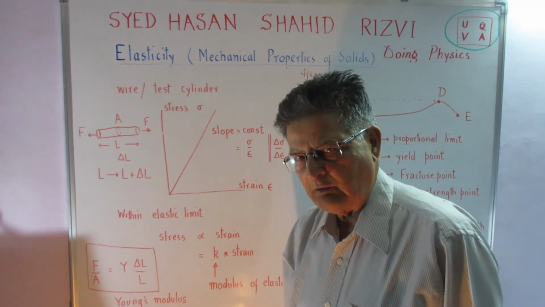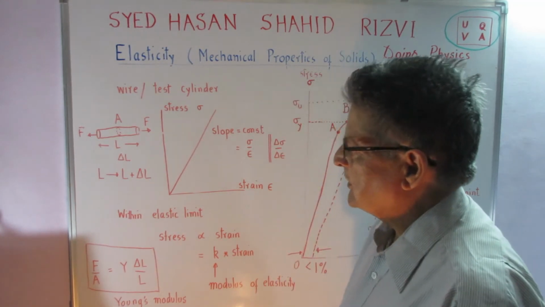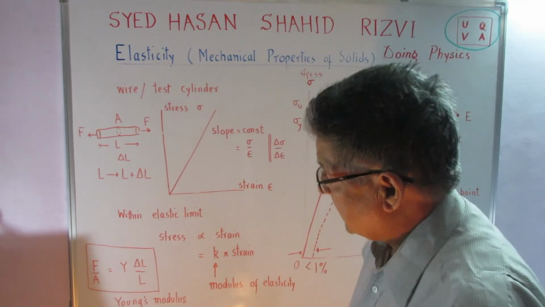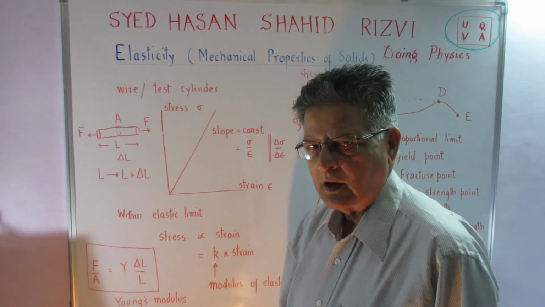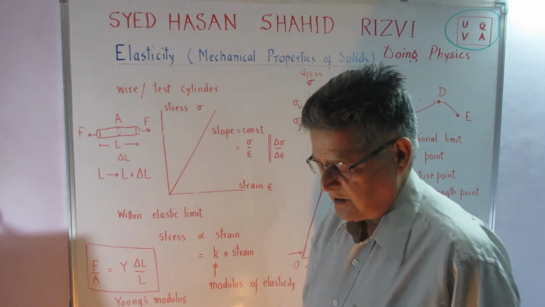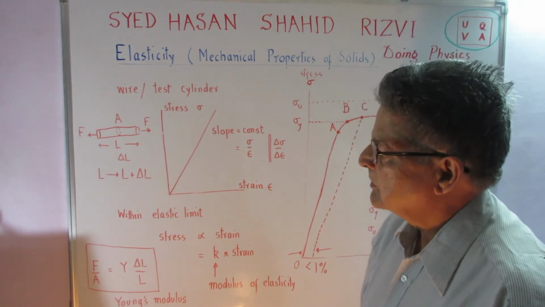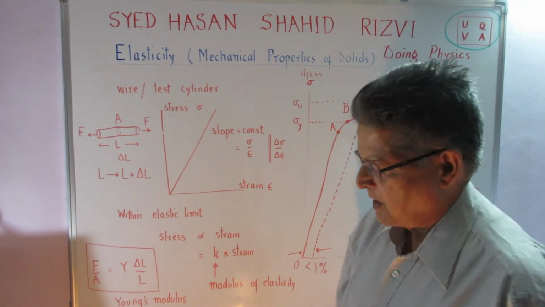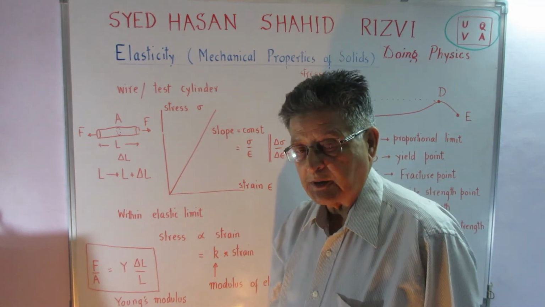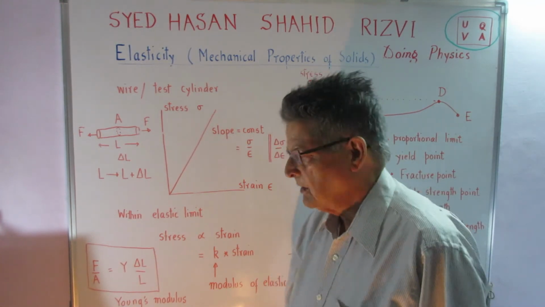Can you think of another way? There is another way, which we will deal with later: if we heat, then also the molecules get separated and the length of the system may increase, and that depends upon the change in temperature, etc.